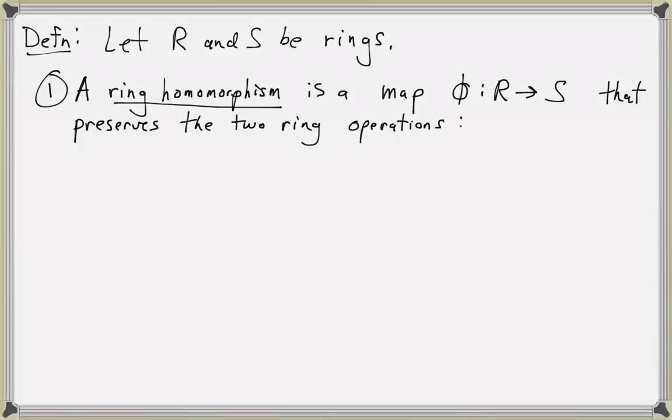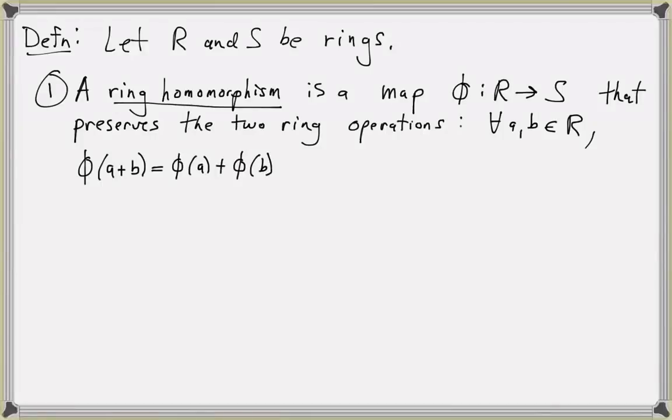So that is, for all A, B in the ring R, we have phi of A plus B equals phi of A plus phi of B.